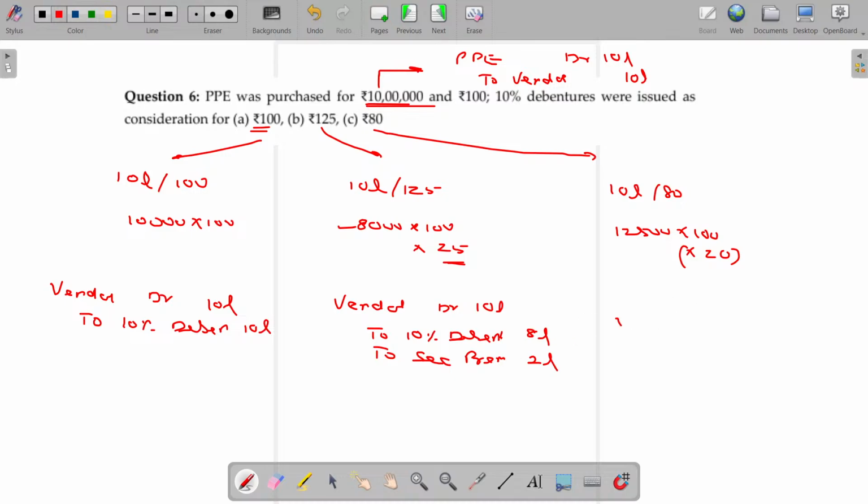The last scenario, the amount payable to the vendor being 10 lakhs and the payment by way of 10% debentures being 12,500 into 100, 12.5 lakhs, and actually you are losing 2.5 lakhs, named as discount on issue of debentures. Clear?